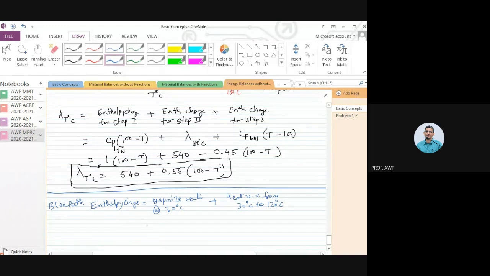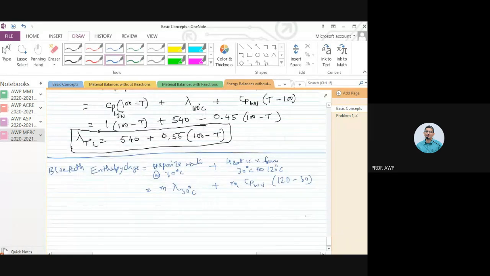Let's quickly do that. Vaporize water at 30 degrees centigrade, so that would be mass multiplied by latent heat at 30 degrees centigrade, plus heating water vapor from 30 to 120 degrees centigrade, mass multiplied by Cp of water vapor into 120 minus 30, right?